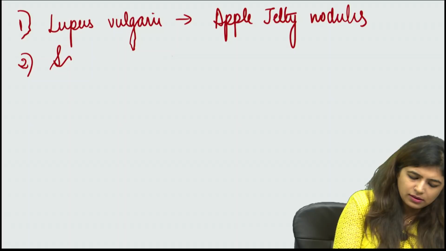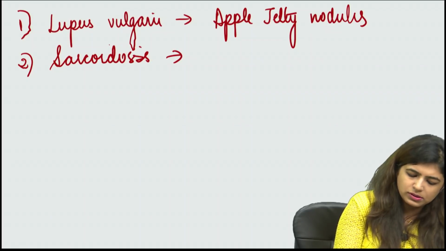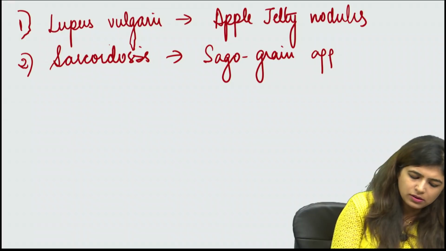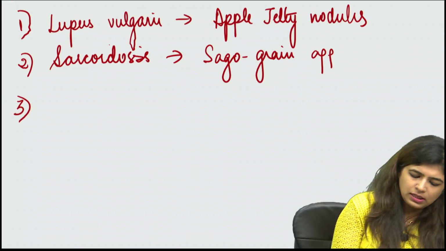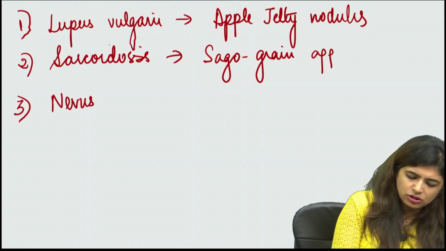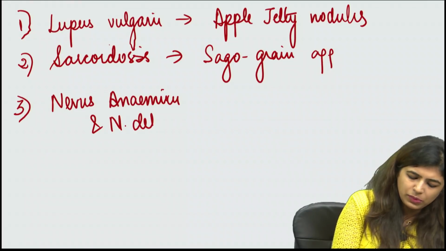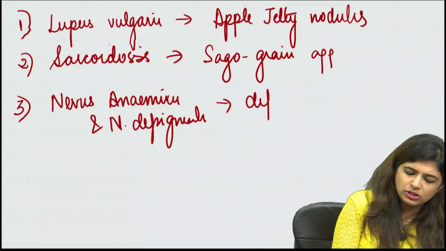Then it is done in sarcoidosis, where the appearance is called as the sarcoid granule appearance. In number 3, we have the differentiation between nevus anemicus and nevus depigmentosus. You have to differentiate between these two.